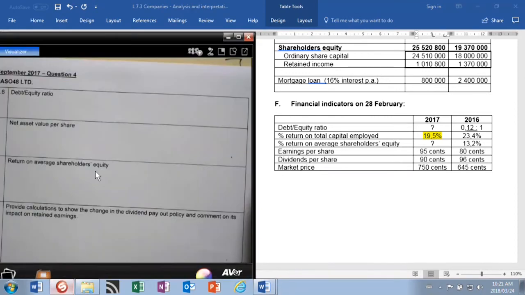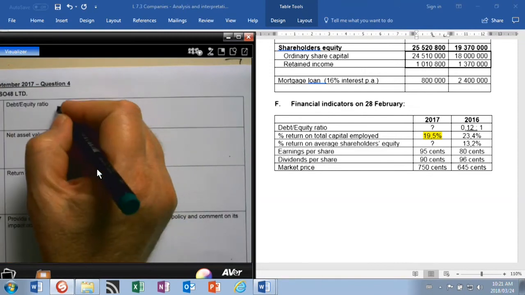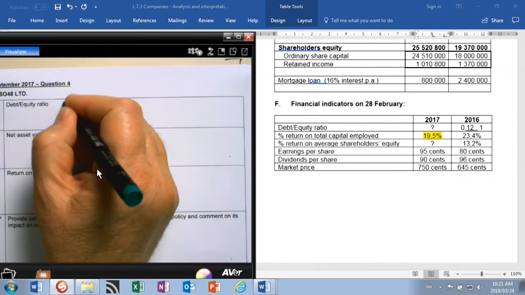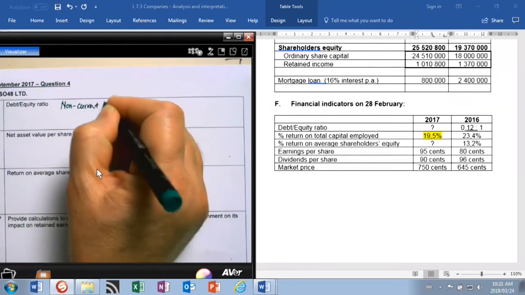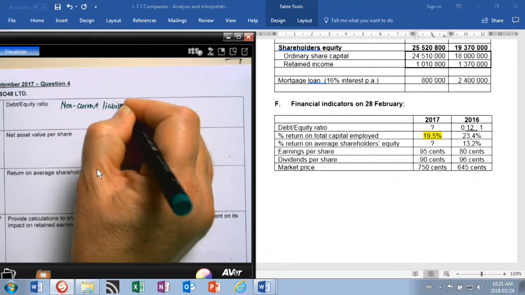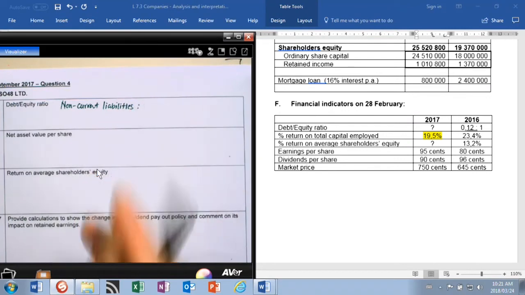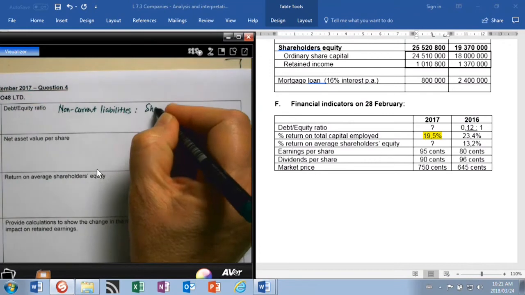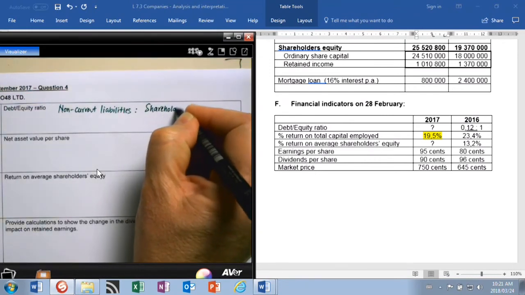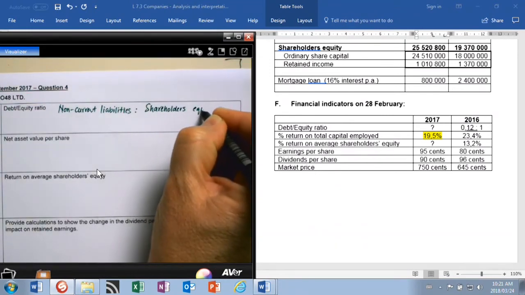Okay. For your debt equity ratio, you say it equals non-current liabilities. To remember, it's not necessary to write it down, I just prefer to write it down, to your shareholders' equity.